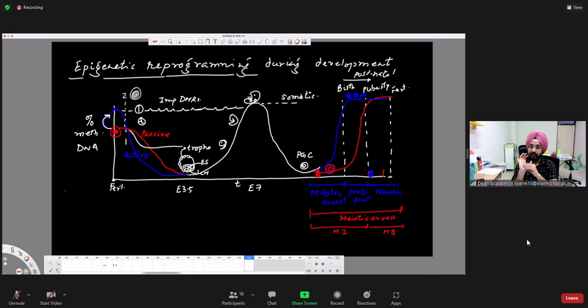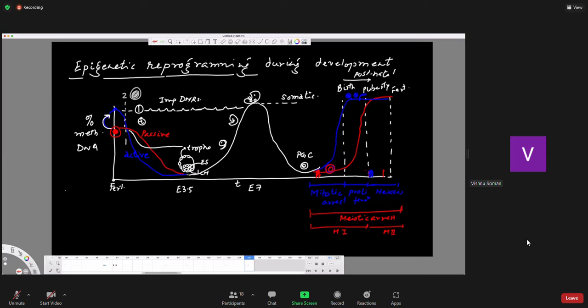There's another exception here, and what is that exception? What are the regions in the genome which will not get demethylated? If they get demethylated, there is a danger. Anybody? So transposons? Yeah. All the repeat element transposons are exceptions.